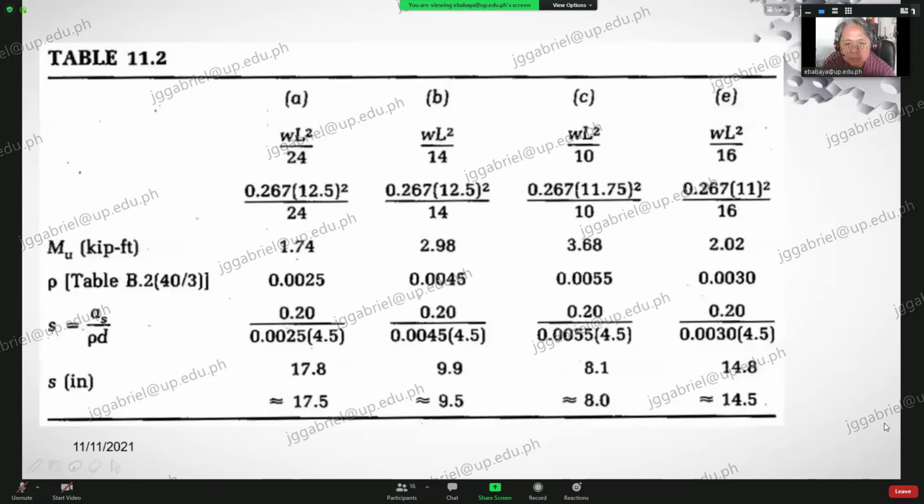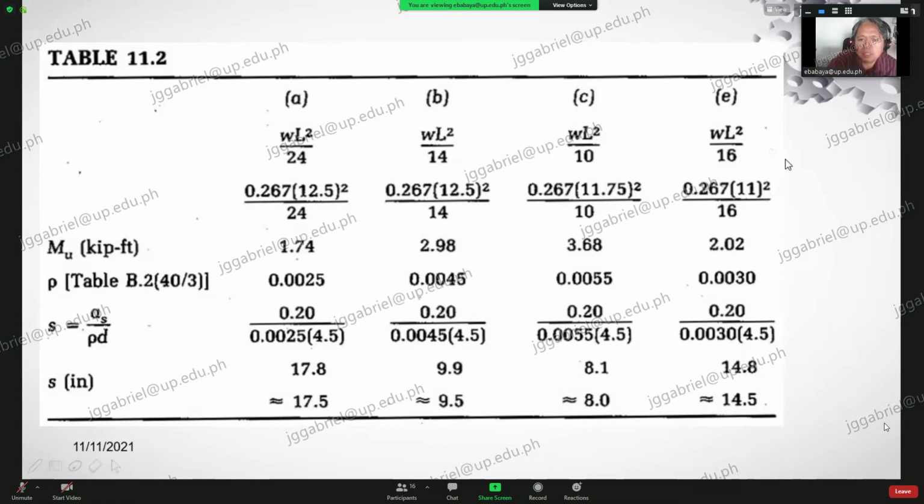Now let's proceed. Now we've created this table because we have 4 locations. You have WL squared over 24, 14, over 10, over 16. These are the moments. No? So we just substitute yung W, which is 0.267. And then the lengths, look at the lengths. So 12.5, 12.5, and then 11.75.